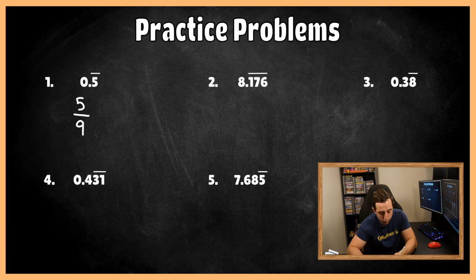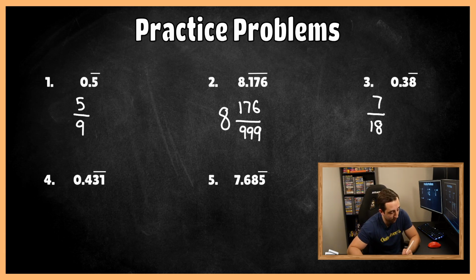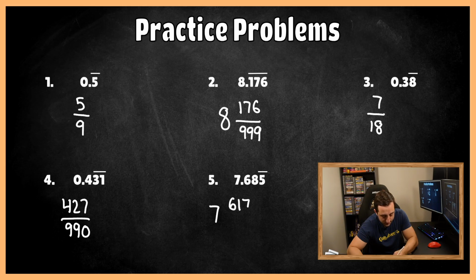For number 2, you should have gotten 8 and 176 over 999. For number 3, you should have had 7/18. For number 4, 427 over 990. And finally, number 5, 7 and 617 900ths.